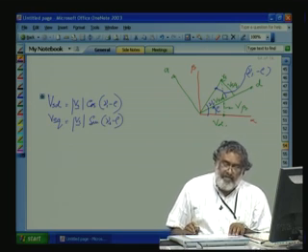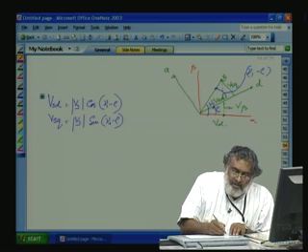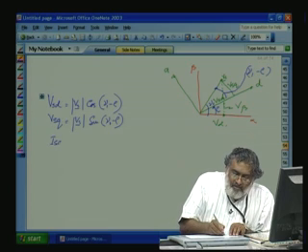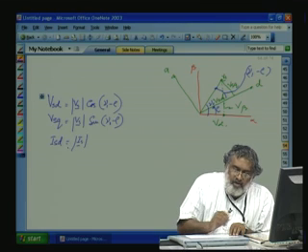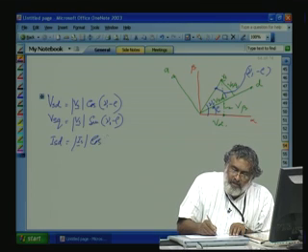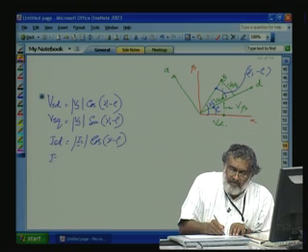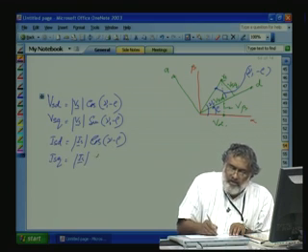This is true with Is also. For Is, the angle is gamma. So ISD is equal to Is mod cos gamma minus rho. ISQ is equal to Is mod sin gamma minus rho.